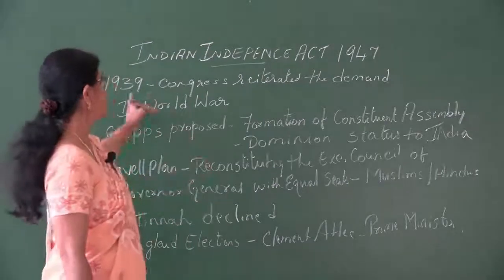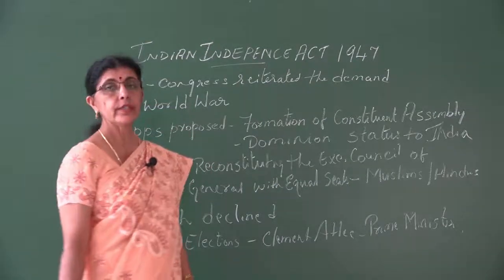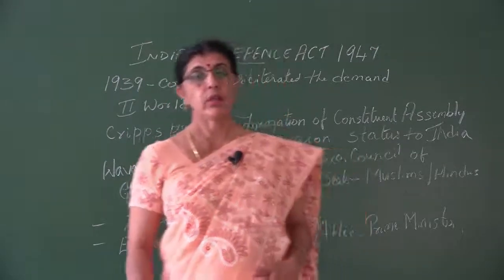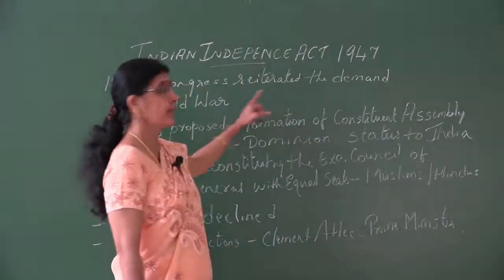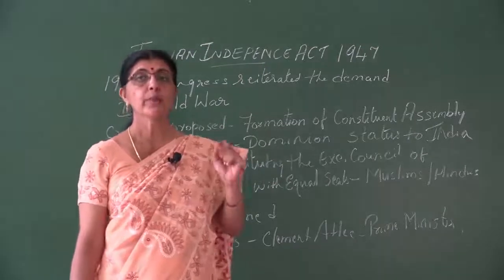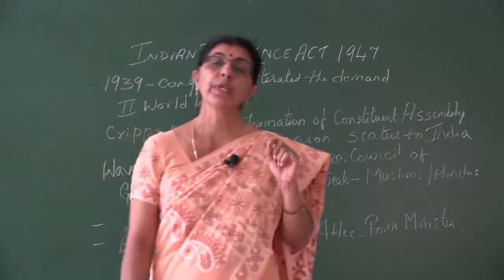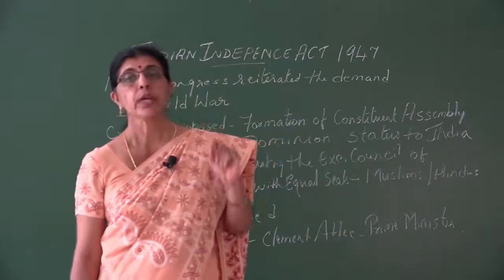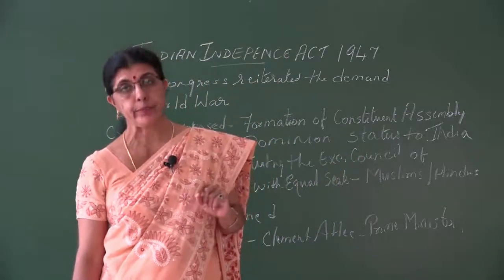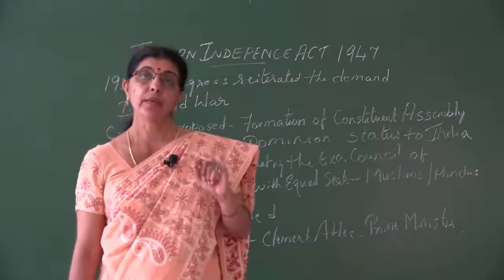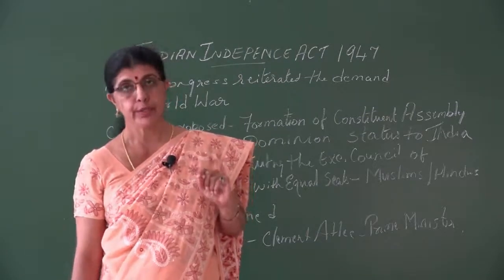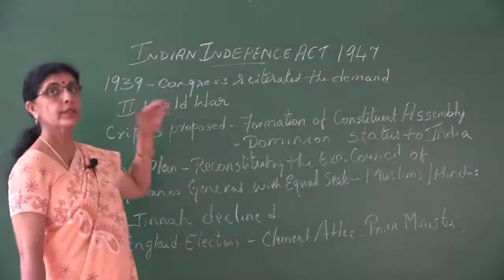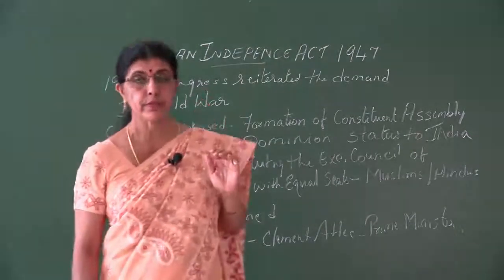In the year 1939, the Indian National Congress reiterated their demand for the formation of a constituent assembly so that they can frame a constitution for free India. But this demand was not fulfilled. During that time, the Second World War started to erupt in different places.